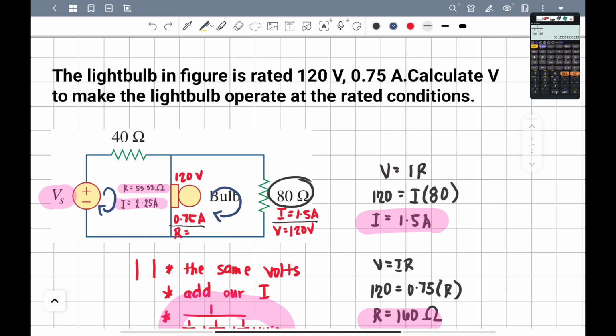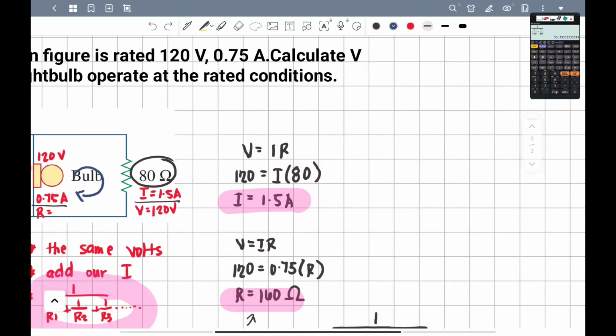The formula now in series conditions: resistance is equal to resistance 1 plus resistance 2, and in current we have the same. Okay, that is in series condition.